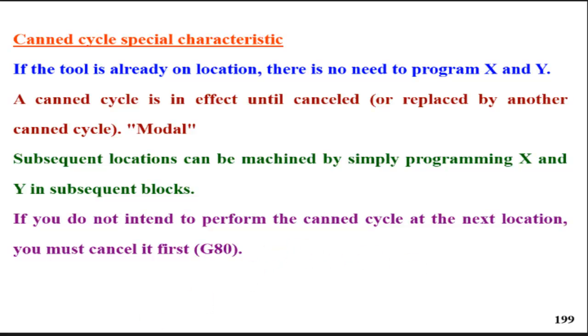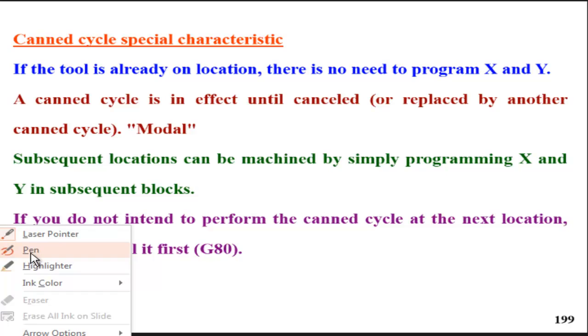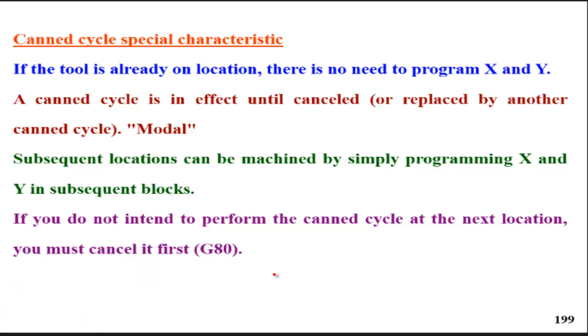Assuming we are doing drilling in one location. Suppose this is the location where we do drilling. We did the drilling here with a canned cycle, or we do tapping with a canned cycle, whatever it is. Then if you move the tool to another location and you don't intend to do drilling or tapping in the second location, first of all, you have to use G80 before going to the second location.